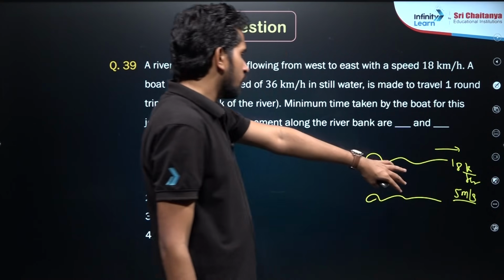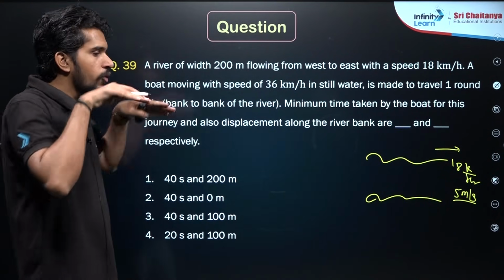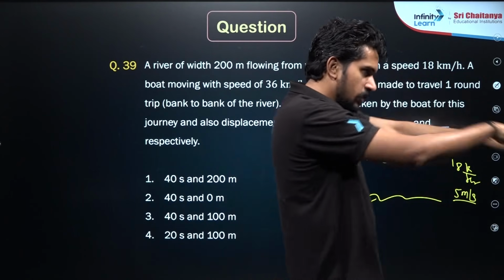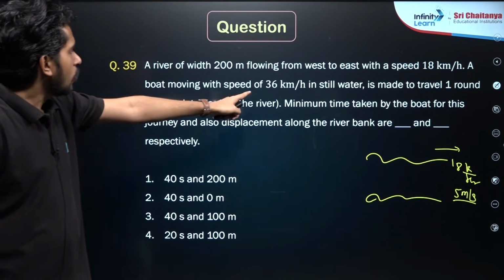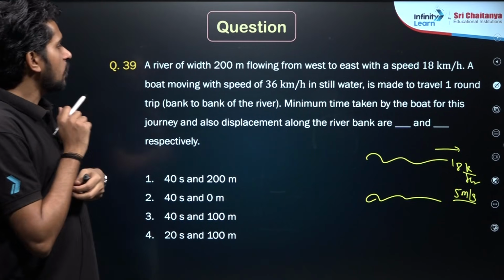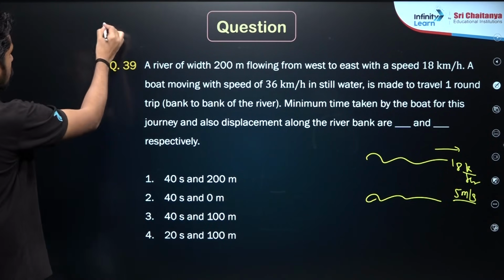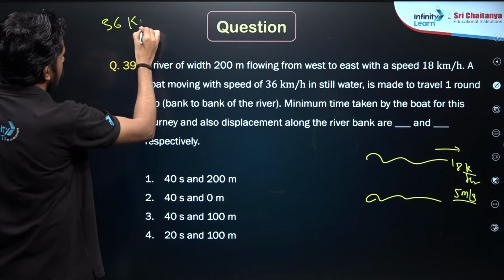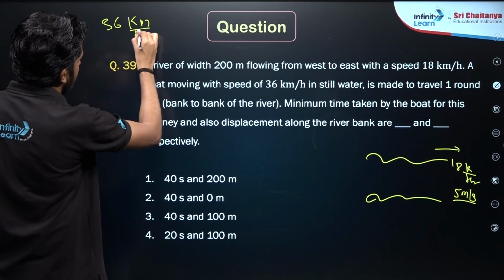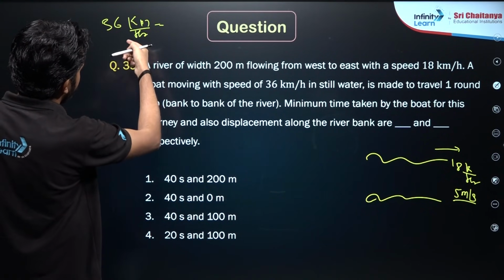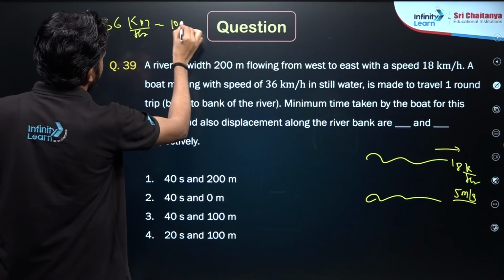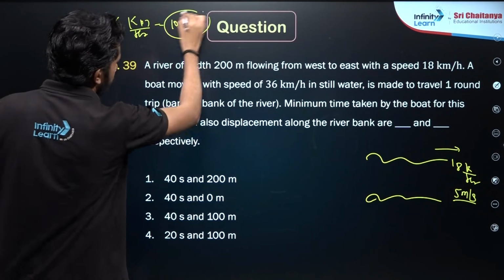So that's the speed of the river flowing from west to east. Okay. A boat moving with a speed of 36 kilometer per hour. So 36 kilometer per hour means 5 by 18, so 10 meter per second. Okay.